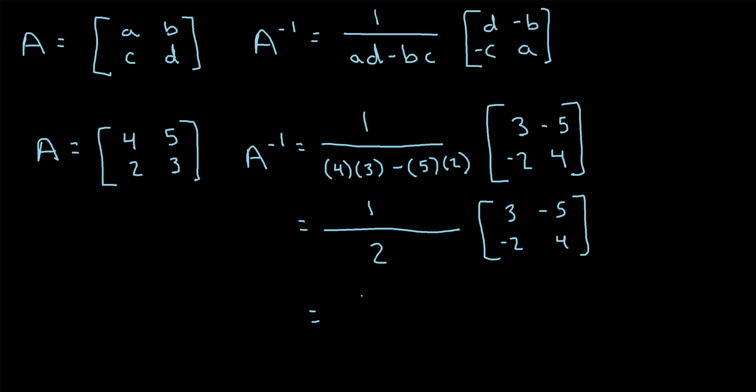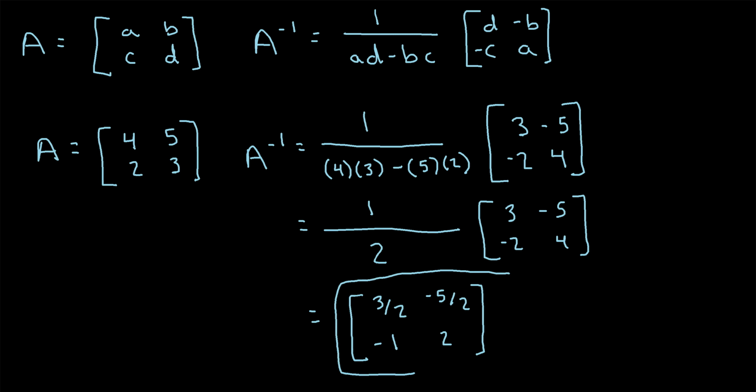So if we do that, we'll get 3 times 1/2, that's 3 halves. Negative 5 times 1/2 is negative 5 halves. Negative 2 times 1/2 is just negative 1. And 4 times 1/2 is 2. So this is our final answer. This is the inverse of the original matrix A.